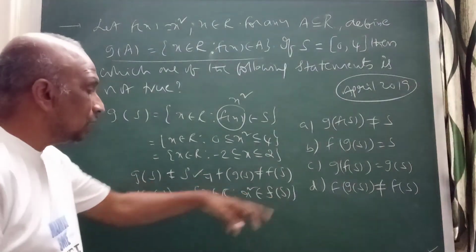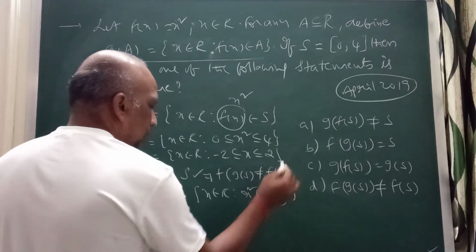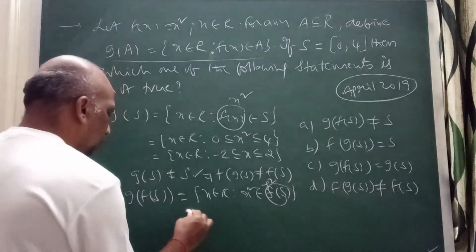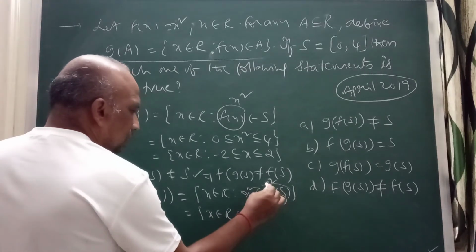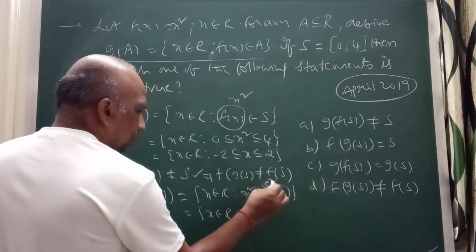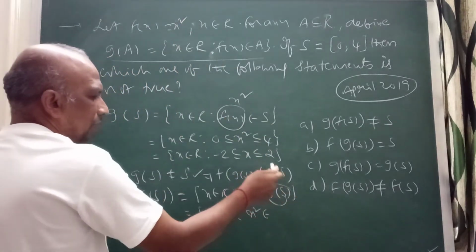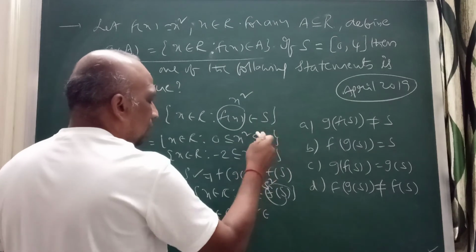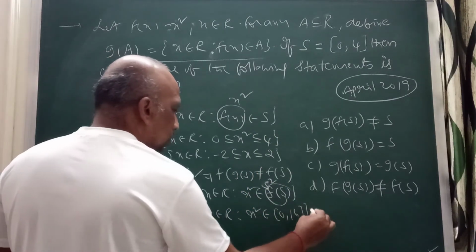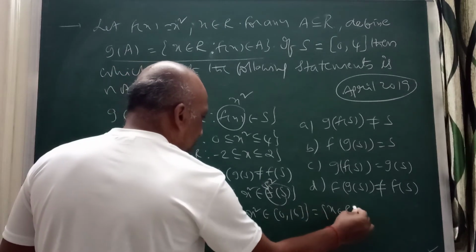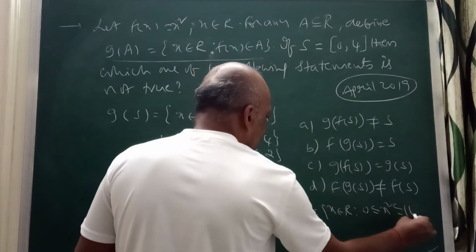But again, what is f of s? f of s is s square. So x square belongs to s square. That means x belongs to R such that x square belongs to s square. What is s square? You will get between 0 to 16, right? Then what it comes? x belongs to R such that 0 less than or equal to x square less than or equal to 16.